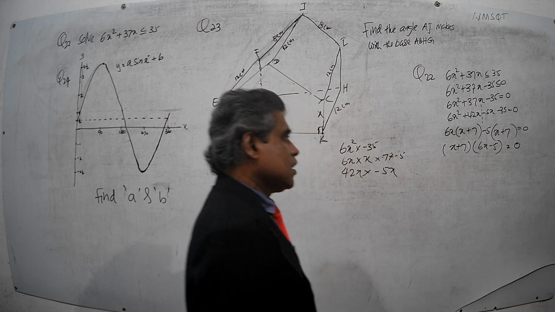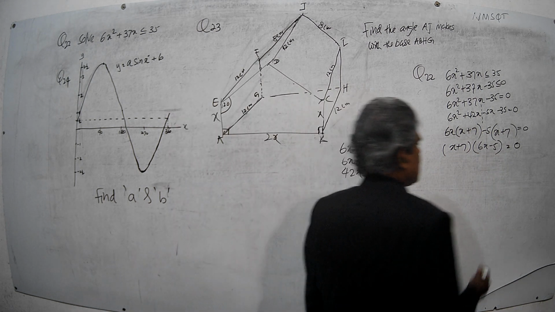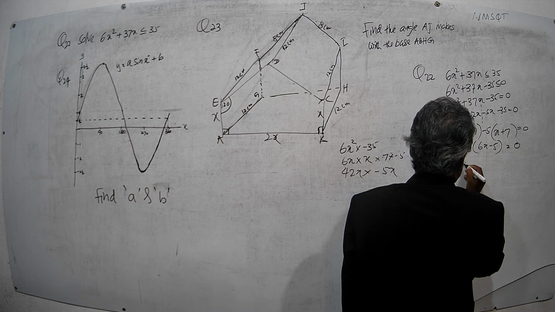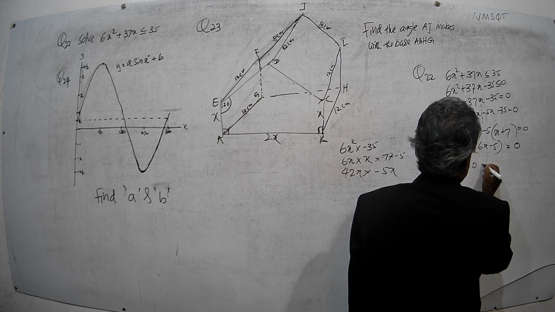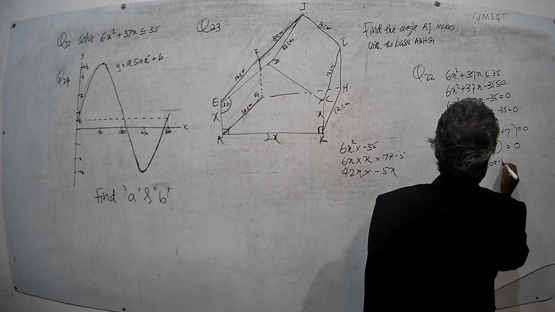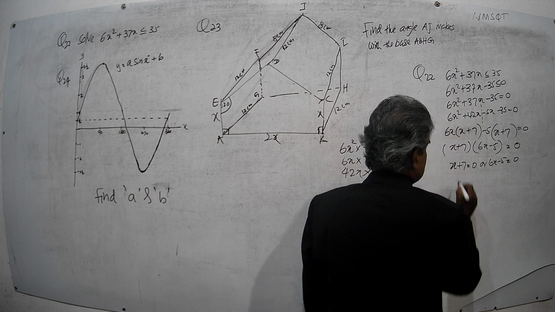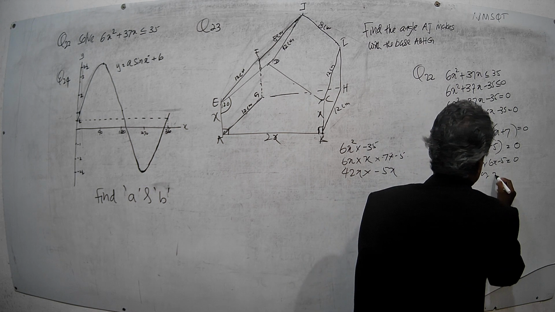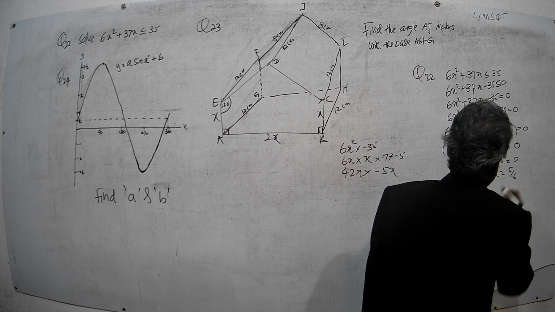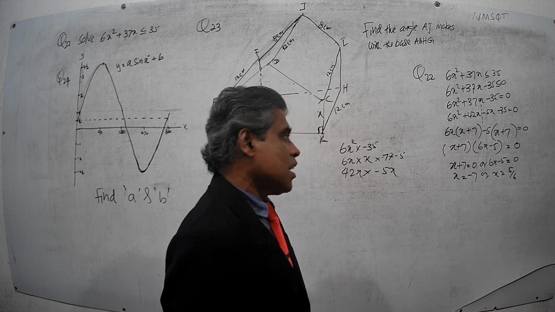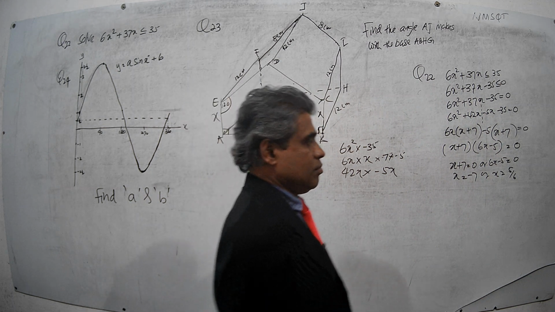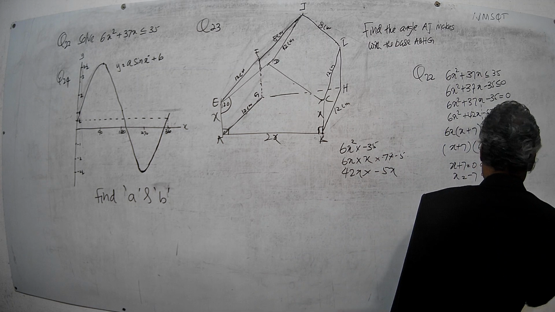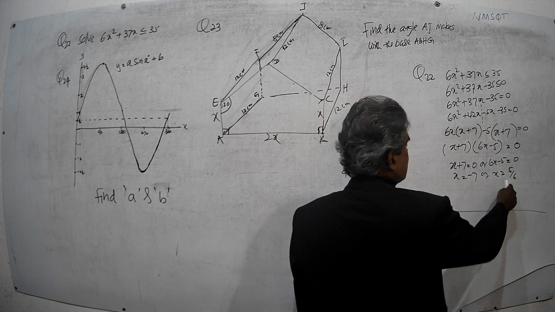Now you write x plus 7 equals 0 or 6x minus 5 equals 0. Then here you get x equals minus 7 or x equals 5 over 6. Now after coming to this step, you draw a number line like this and mark these two.